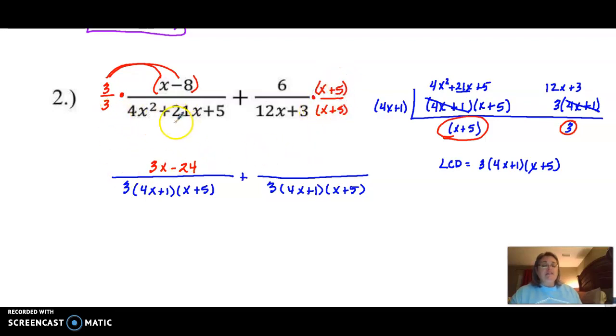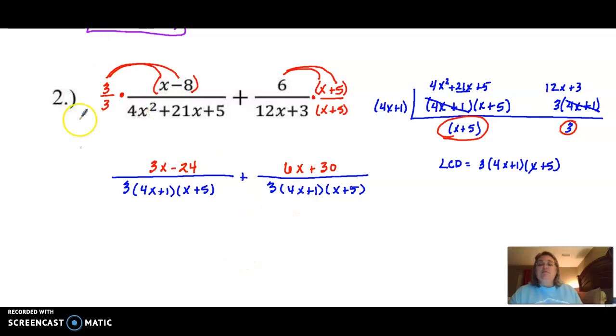Notice I don't do anything to the bottom because the bottom already represents what this is times 3 and what this is times x plus 5. So don't worry about multiplying that out. Just distribute your tops. That gives me 6x plus 30.